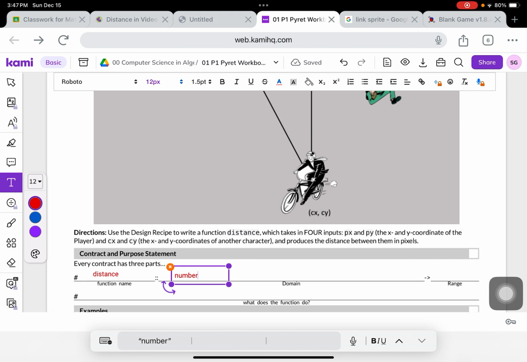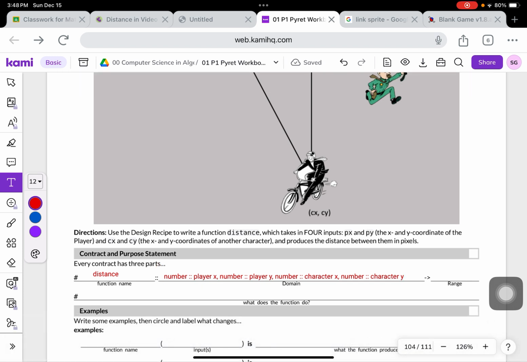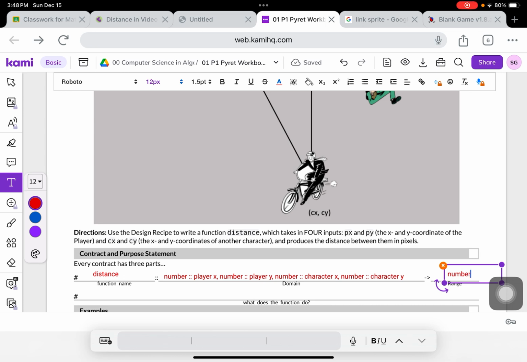So we have number, which is your player X. And then you have another number for player Y. And then another number for the character X. And then another number, which is the character Y. And then this is just going to give us one number, which is the distance.